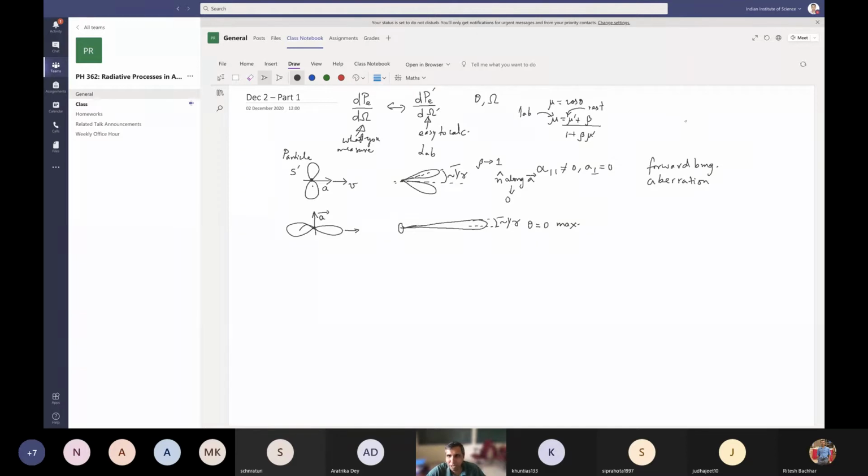Okay, so for example, if you have an isotropic distribution of stars, right? If some observer is actually moving towards this uniform distribution, because the light is forward beamed preferentially, what you will see is an excess in the direction of motion, right?